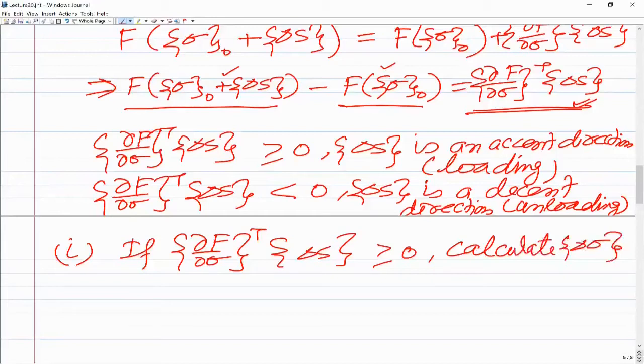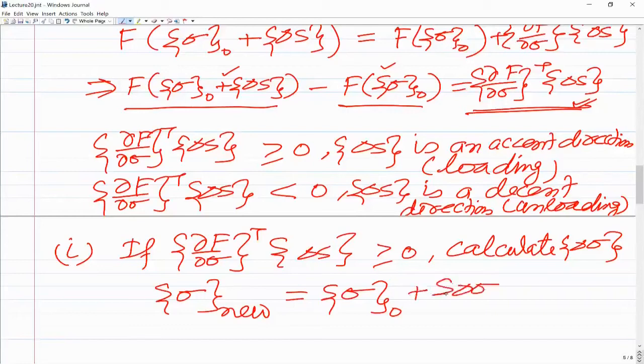We express all the stress increments in terms of delta epsilon equivalent P, then solve for delta epsilon equivalent P, and then get delta sigma. So you have to calculate delta sigma, as already explained in lecture number 18, and the new stress at that Gauss point would be the previous stress plus this delta sigma.